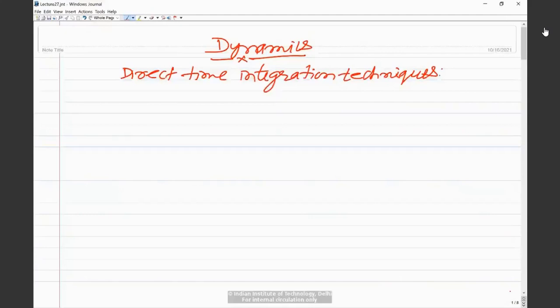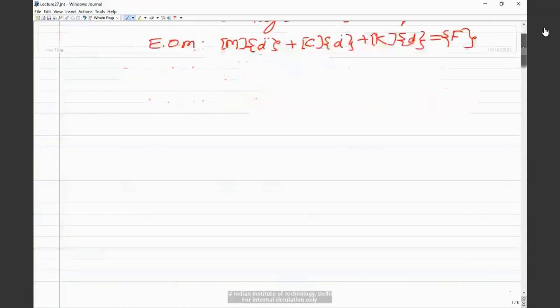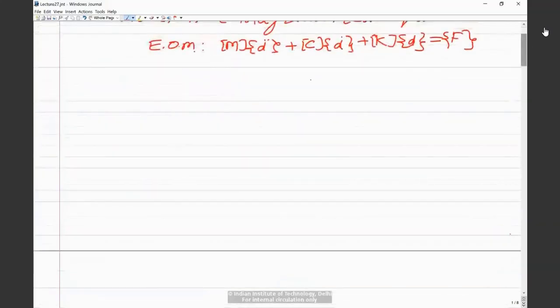We know the equation of motion after assembly and imposition of boundary conditions: M d double dot plus C d dot plus K d is equal to F. The role of finite element is just to get this equation, and then in the time domain you want to solve it. At time 0 you know the initial conditions, and then you want to solve for delta t, 2 delta t, 3 delta t.